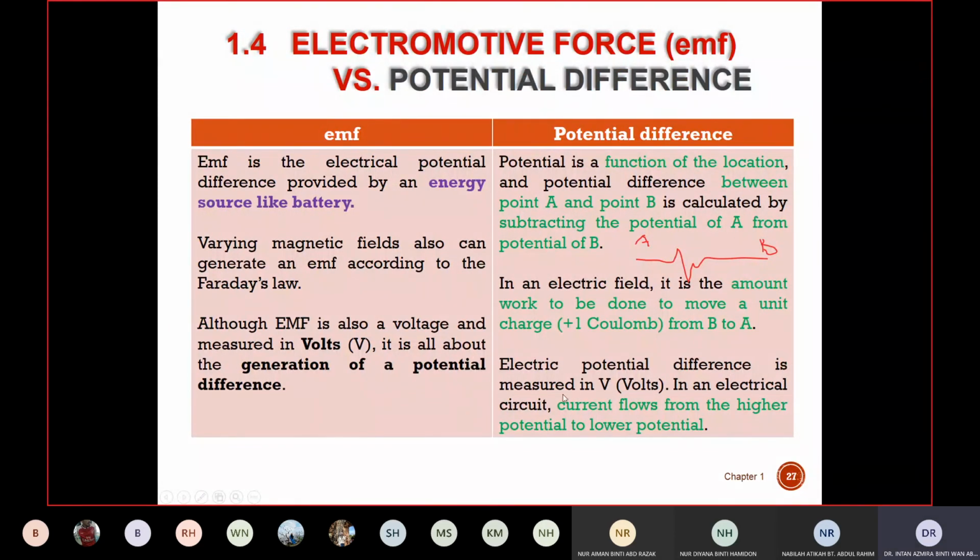Electric potential difference is measured in volts. In an electrical circuit, current flows from the higher potential to the lower potential. So let's say B is connected to ground, so current flows from A to B, because at ground V is equal to 0.